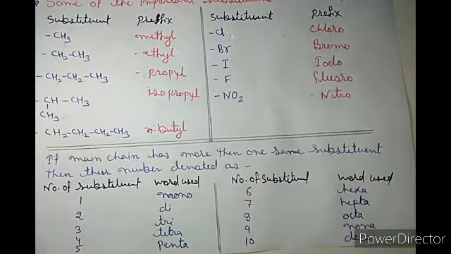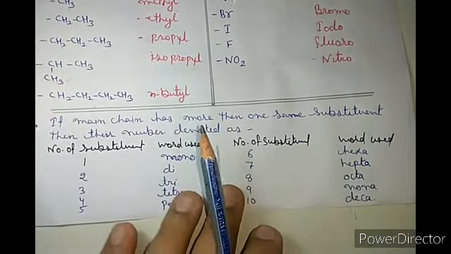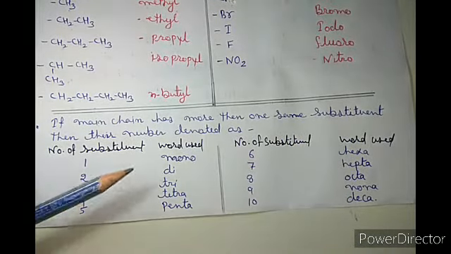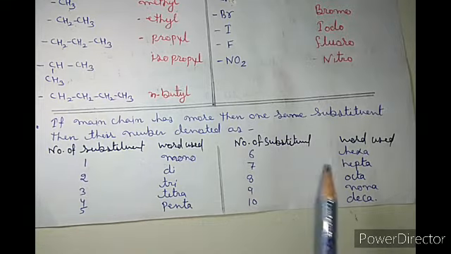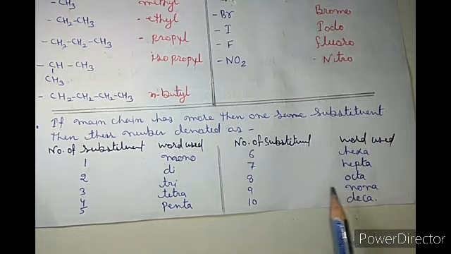Got it? If the number of substituents is 1, then mono is normally not used. If there are 2 same substituents, then di, 3 tri, 4 tetra, 5 penta, 6 hexa, 7 hepta, 8 octa, 9 nona, and 10 deca.